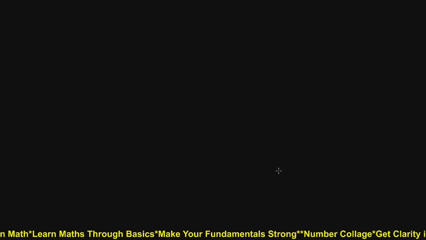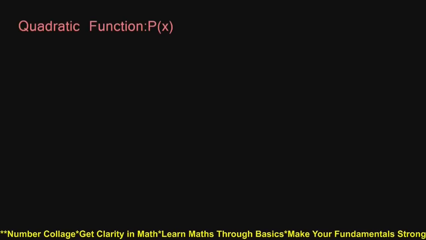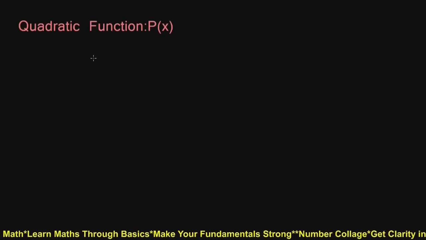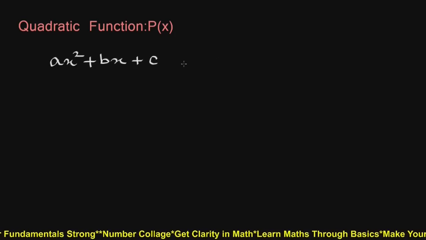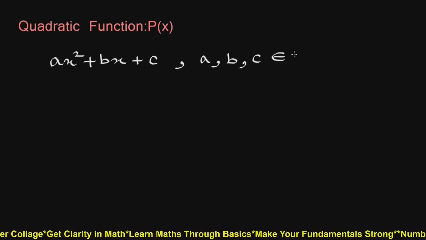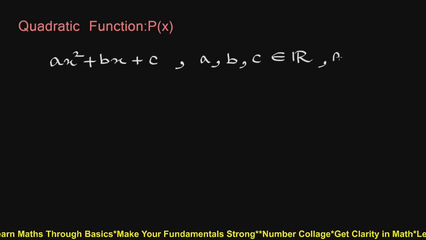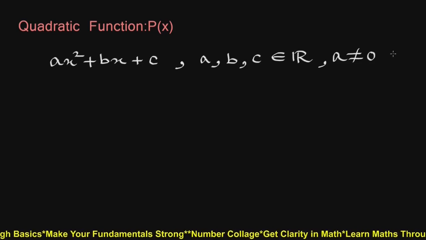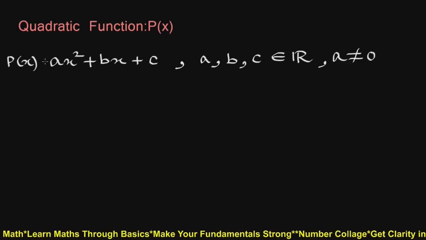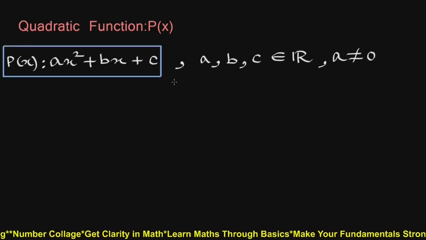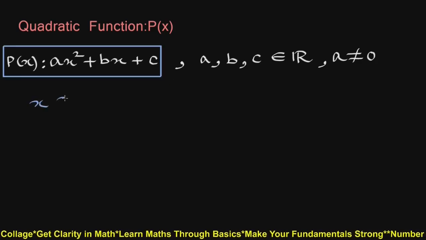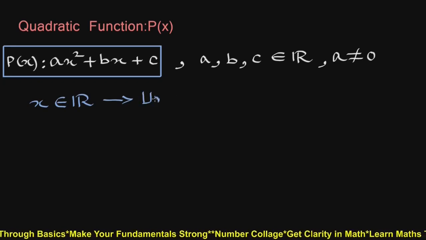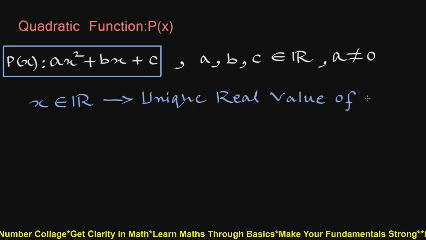In this series of basic algebra, today we are going to discuss the quadratic function p(x). A quadratic polynomial ax² + bx + c, where a, b, c are real numbers but a is not equal to 0, when denoted by p(x), is called a quadratic function because for every real number x, we have a unique real value of p(x).